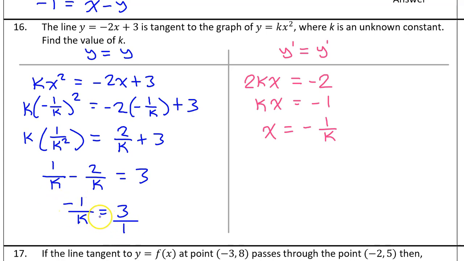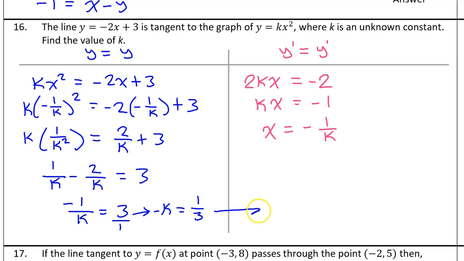I know kids love to cross multiply, but what I like to do is take the reciprocal of both sides, which is another valid move. I'm running out of space, but if I do the reciprocal over here, I'm going to have negative k over 1, or simply negative k, and the reciprocal on the right hand side would be 1 over 3.